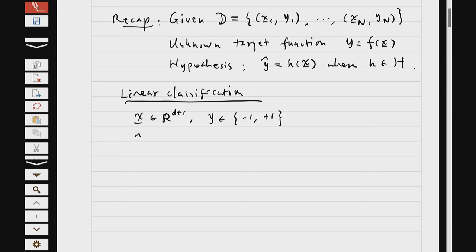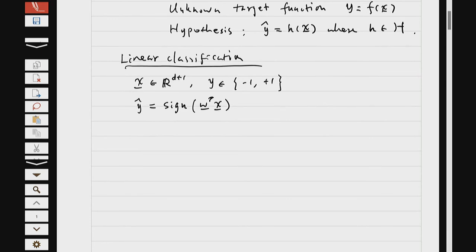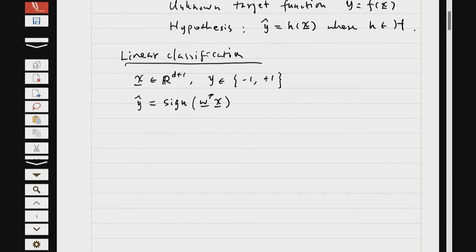In the binary case, we use a sign function of the inner product between w and x, which is a weighted sum of the features within the vector x. Then you use a sign function to threshold and decide whether y hat should be plus or minus.